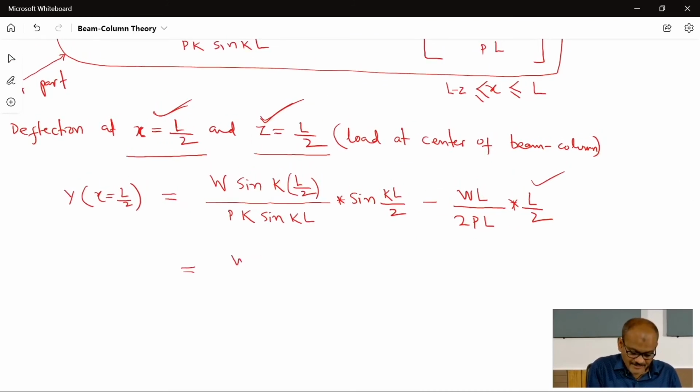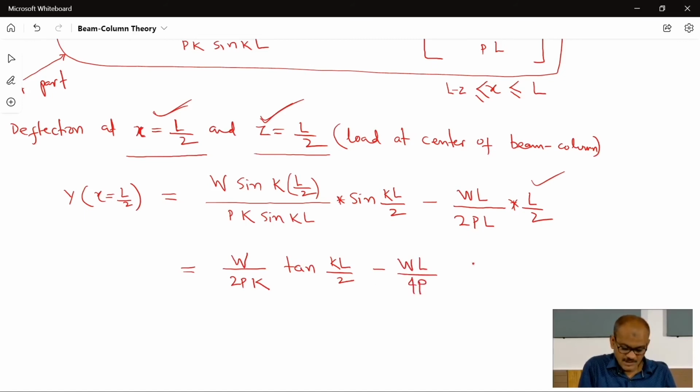W by 2Pk into tan kL by 2 minus WL by 4P. So this becomes W by 2Pk into tan kL by 2 minus kL by 2.